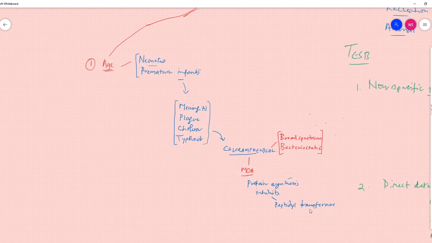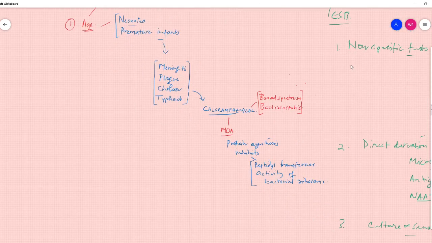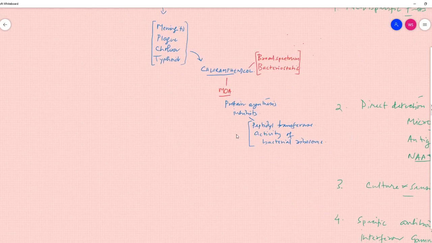Okay, peptidyl transferase activity of the bacterial ribosome. Okay, so as a result, what happens is it prevents protein chain elongation. So that is the mechanism of action of this drug. Okay.